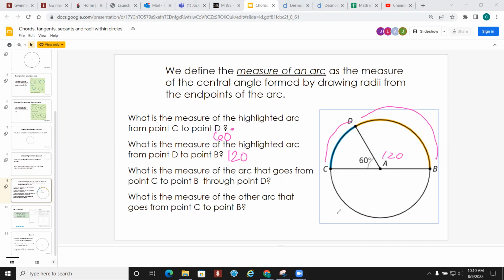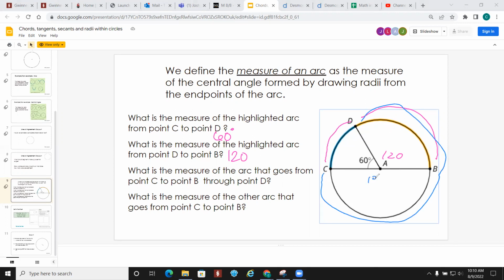What is the measure of the arc that goes from C to B to D? That would be 300 degrees. How do we know that? Because the bottom part is 180 and then B to D is 120.